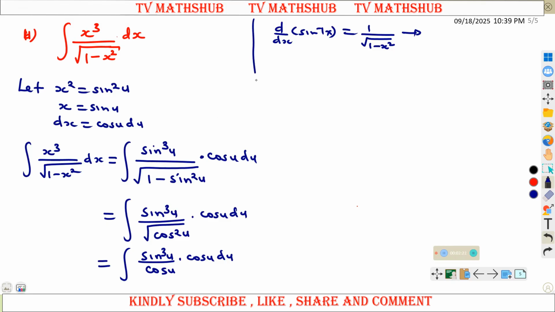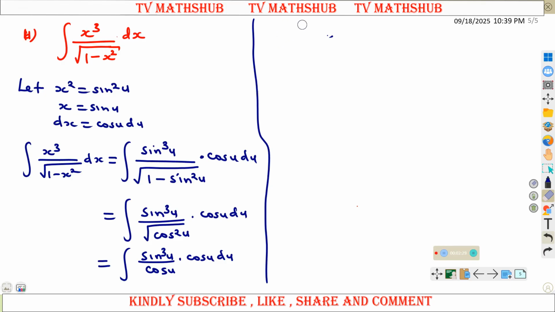So from there we shall have the integral of sine to power 3 of u du. So this and this will give us 1.